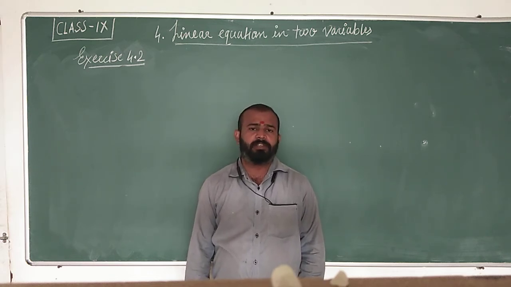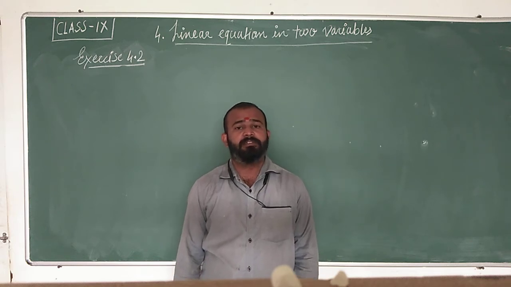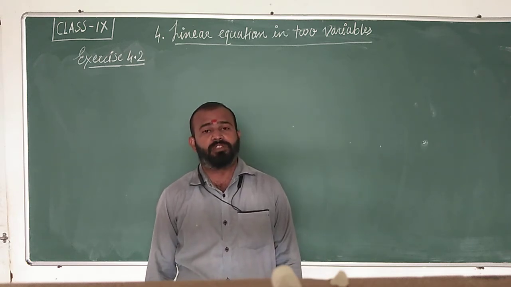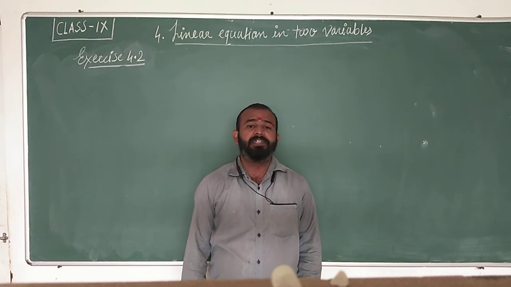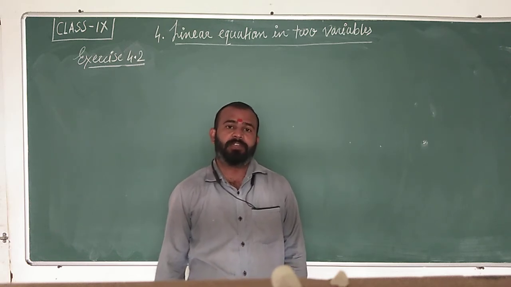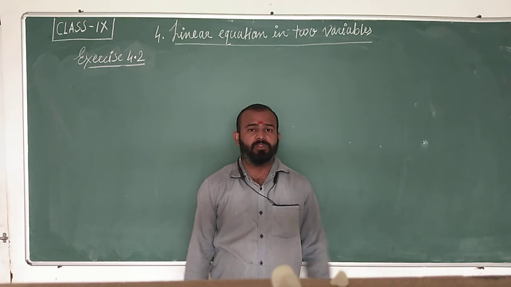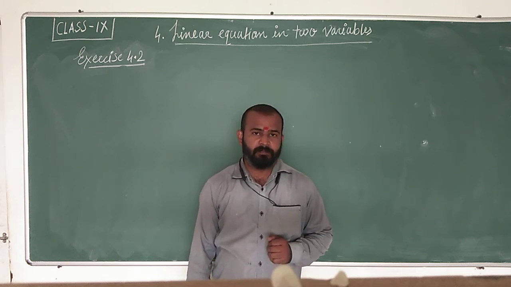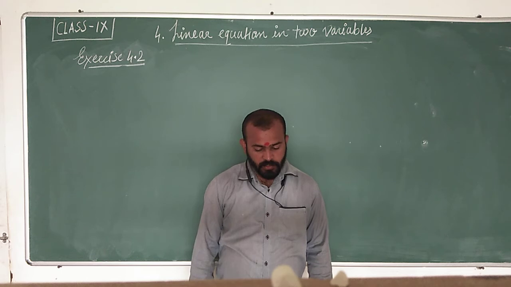Which option will be correct? Exactly, infinitely many solutions. Why? As it is a linear equation in two variables, a linear equation in two variables has infinite solutions. Okay, so that will be its reason. Starting with question number 2.